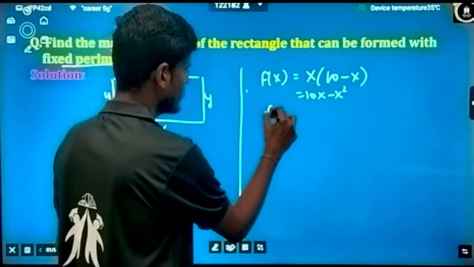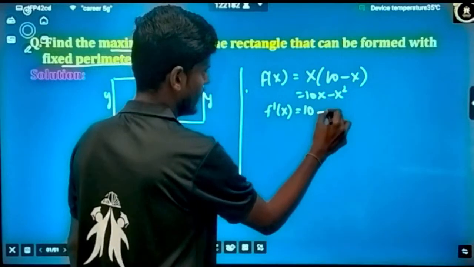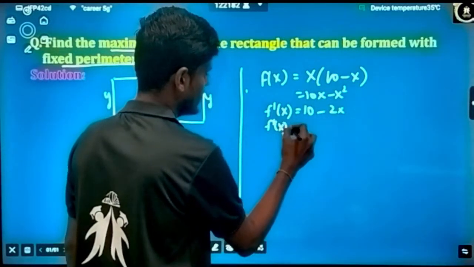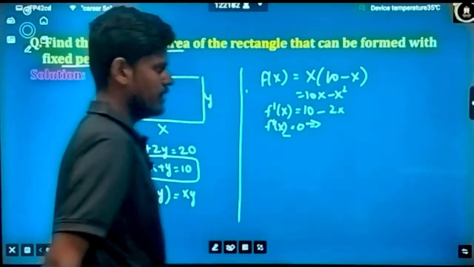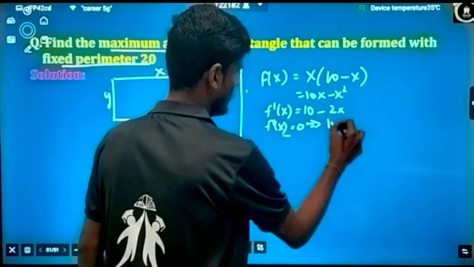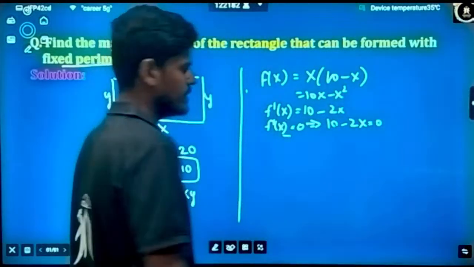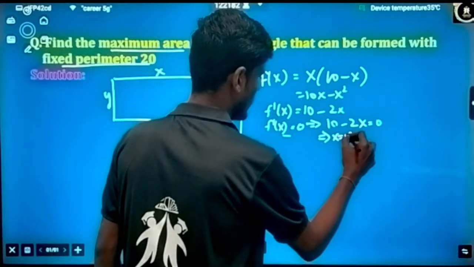So f dash of x will be 10 minus 2x. Now f dash of x equal to 0 means 10 minus 2x equal to 0, 2x equal to 10, which means x is equal to 5.